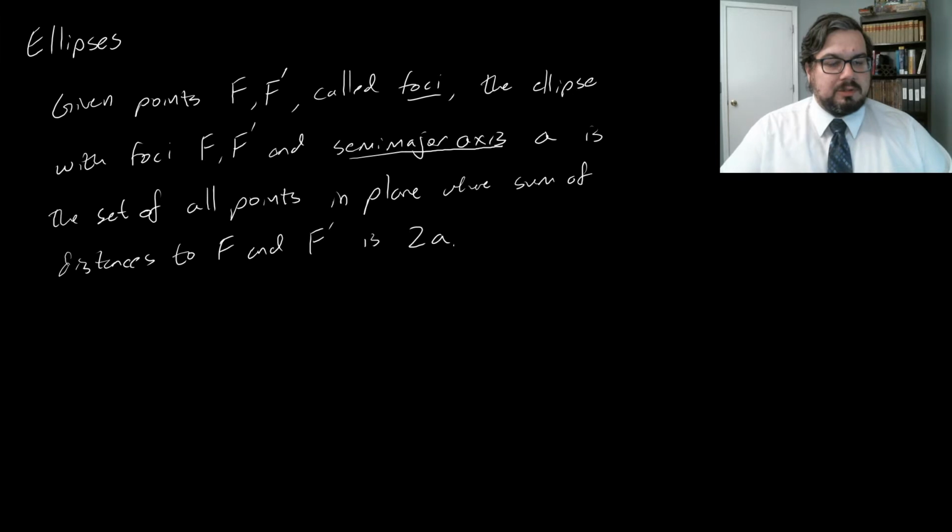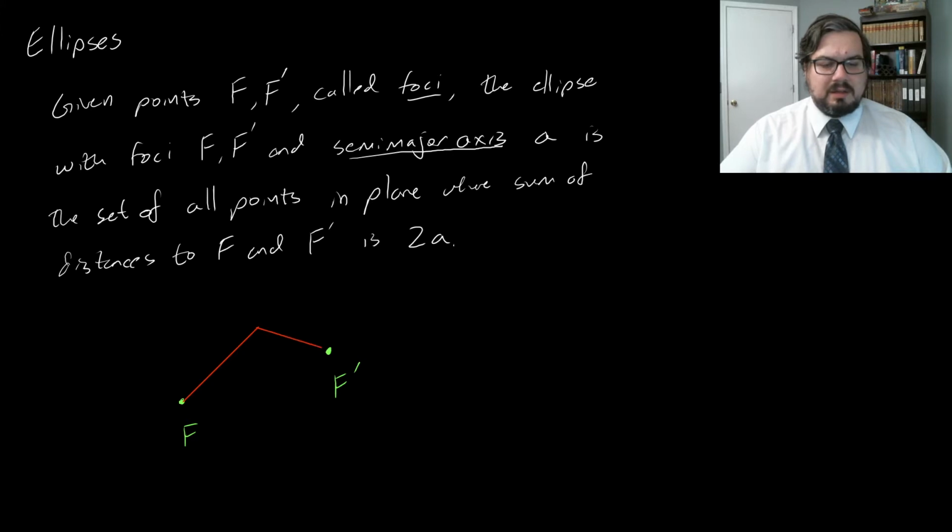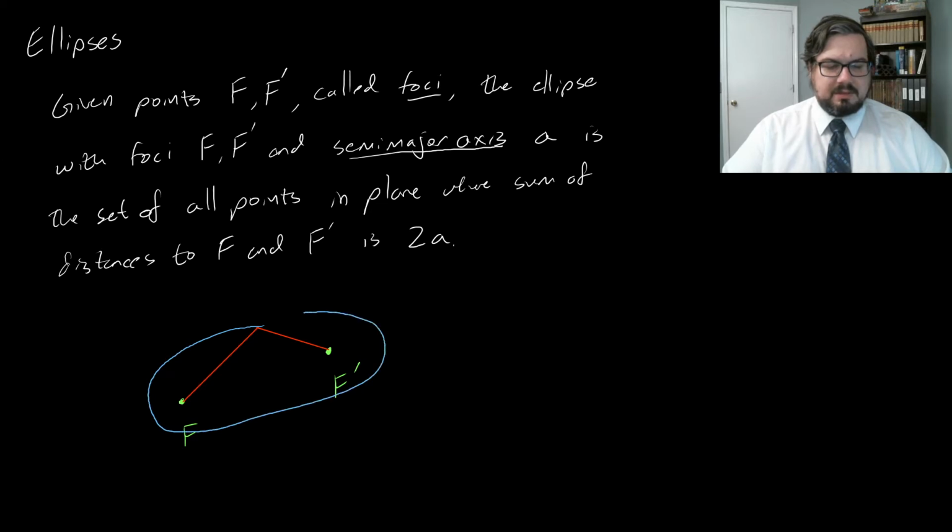So the picture looks like this. We take a couple of points, F and F prime, and then we choose some positive number, and we look at all of the points in the plane where the sum of the distances to F and F prime are equal. And that produces a shape that looks like this.